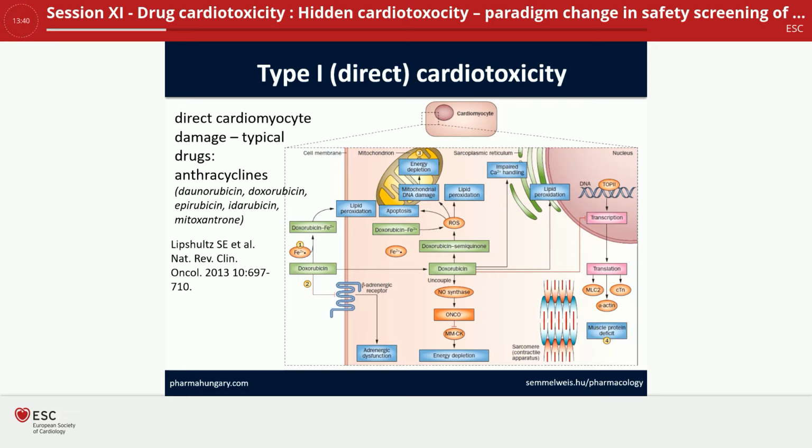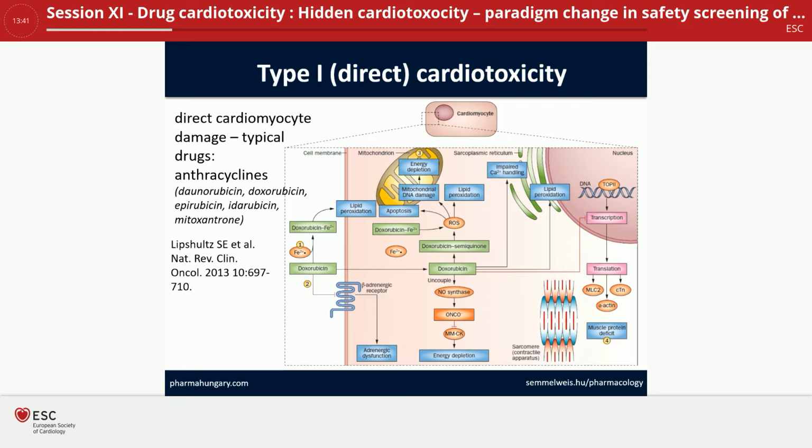Type 1 is the so-called direct one, where drugs cause direct cardiomyocyte damage. The typical drugs are the anthracycline compounds, of which doxorubicin is one of the oldest still in use.